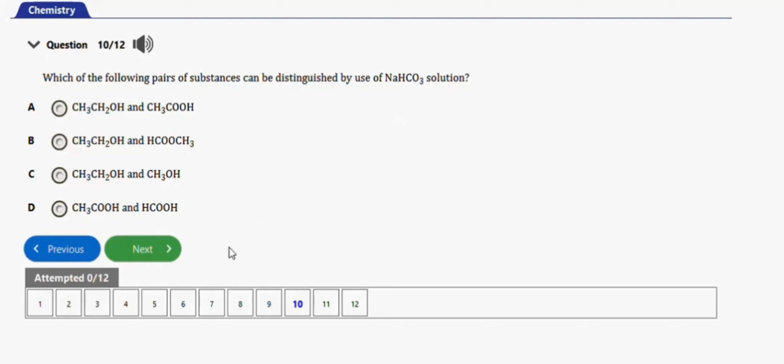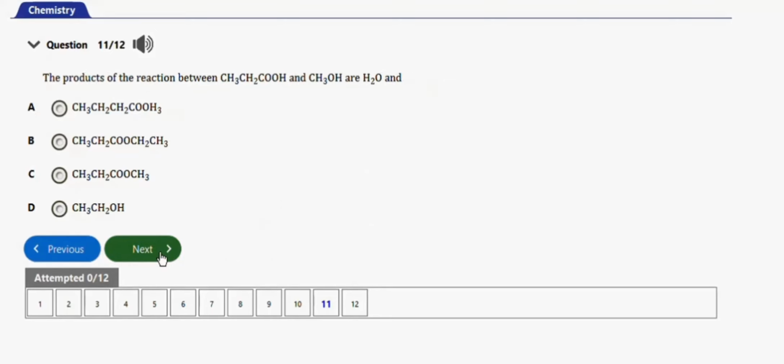The last question I have here before I end this video will be this one. It says the products of the reaction between this compound and this compound are water, and so you're going to have an ester. So basically here an alkanol is reacting with an alkanoic acid. So when the two react, you're going to have an ester as a product.